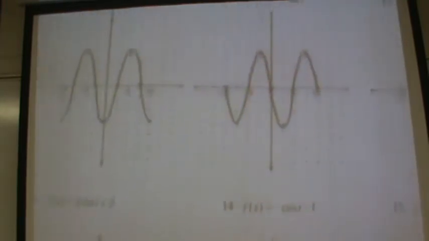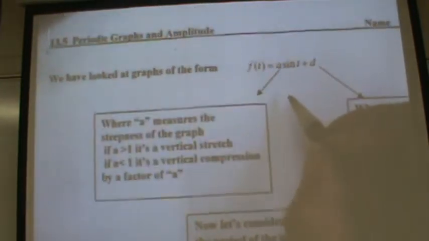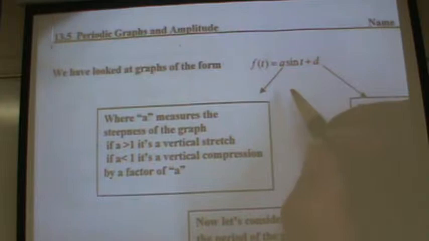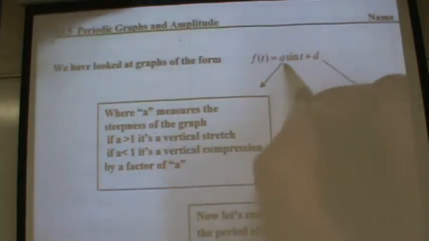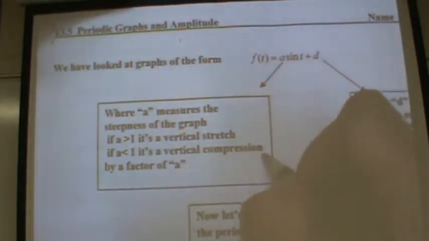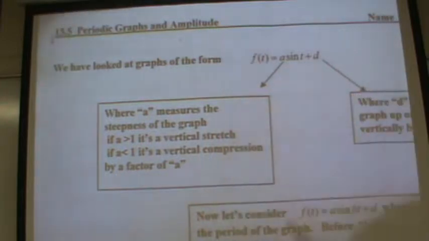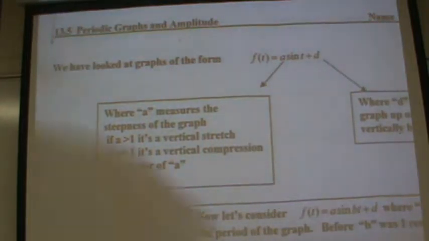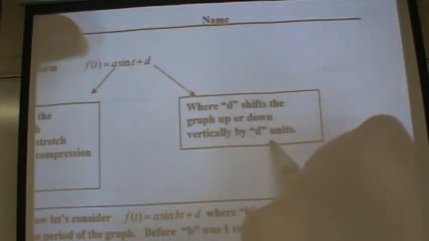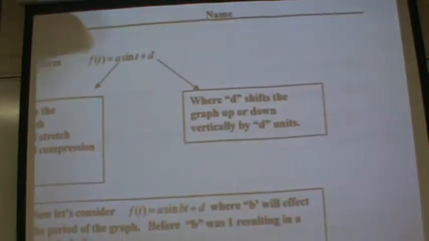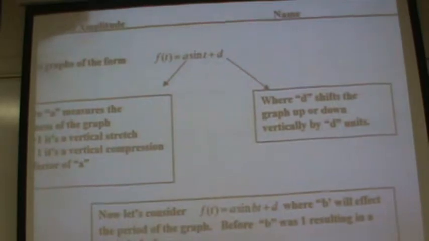So today, we talked about the A value. This is the notes for today. We looked at what the A does. The A measures the amplitude, or how steep the graph is. The D value shifted it up or down. What you're going to do is look at the B value.